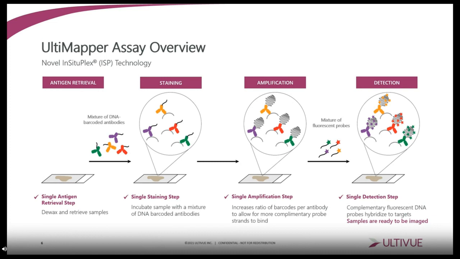Then a staining step where we incubate the sample with a mixture of DNA barcoded antibodies, followed by an amplification step where the DNA barcode is elongated to allow more complementary fluorescent DNA probes to bind in the last step, which is a detection step. And at this point, your samples are ready to be imaged.